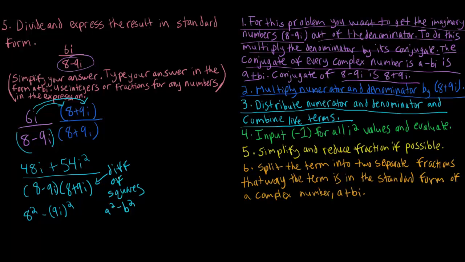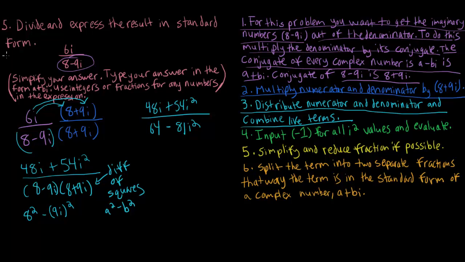If we evaluate that, you have 48i plus 54i squared, and then 8 squared is 64, minus 9 squared is 81, and then i squared is just i squared.